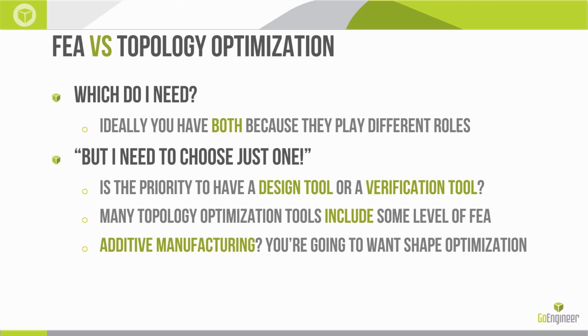And many times that reason is you need to make the most out of the space. You need to lightweight it as much as possible. You need to create a shape with a stiffness to weight ratio that requires some organic, complex, lattice type structure that can only be created with additive manufacturing. And usually those complex shapes are the result of some sort of shape optimization.